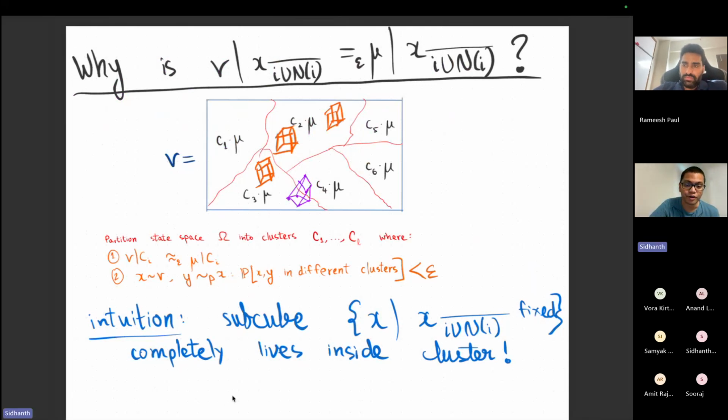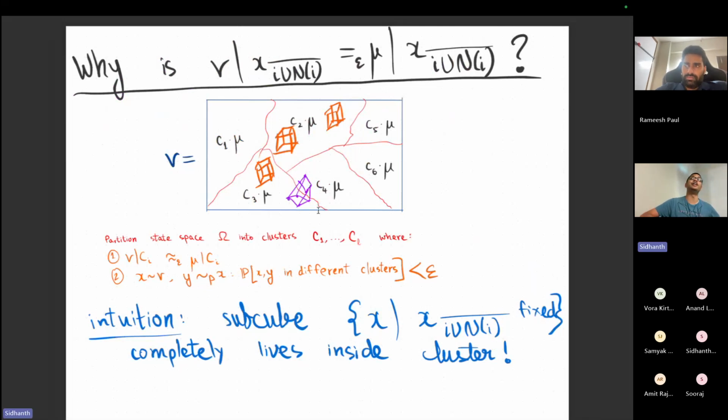Now if you look at these conditional distributions, which are of the form nu conditioned on x pinned outside of I and its neighbors, these distributions are all supported on subcubes.